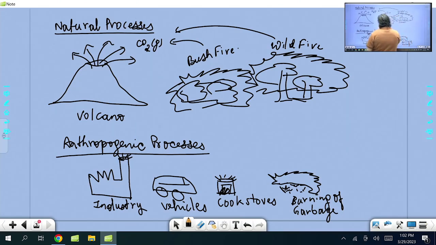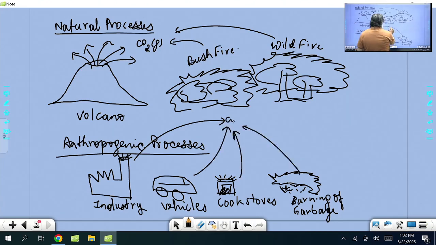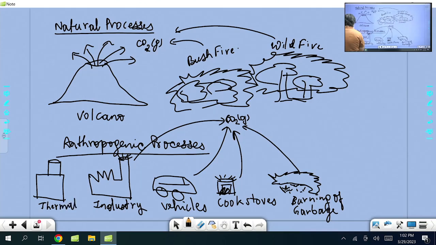All this again will release what? Will release CO2 gas. Again, CO2 gas is released to the atmosphere. I know there are a lot of human activities. Thermal power plant, TPP, where we generate electricity by burning coal, thermal power generation.